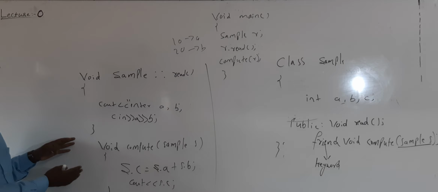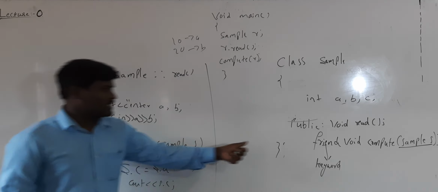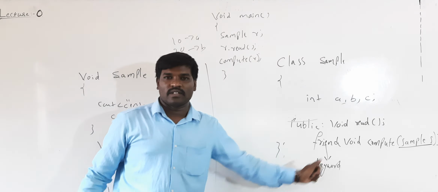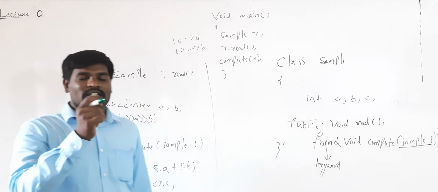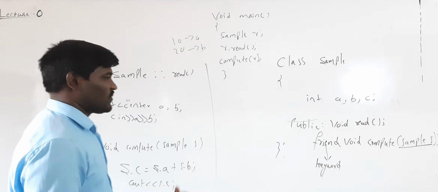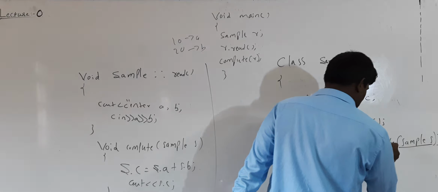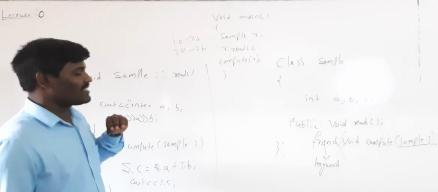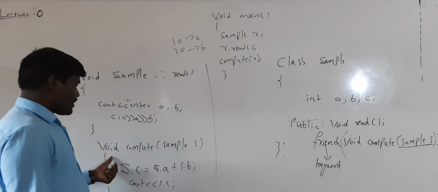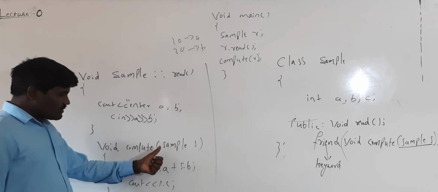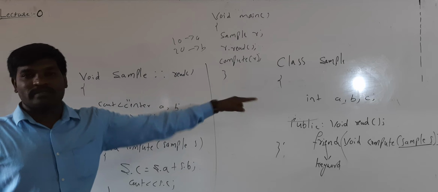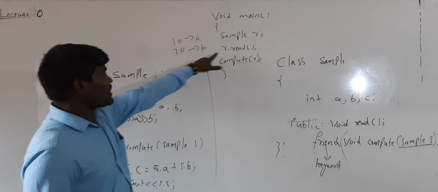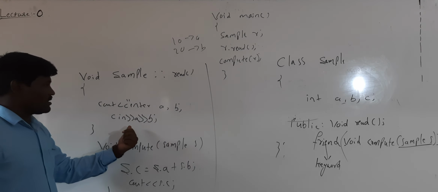At the time of defining the friend function, we cannot use the friend keyword. It can be defined just like a normal function. Simply mention void compute(sample s); you can ignore the friend. The friend function can take the object as its argument. See here, r.read means it will call the read function.